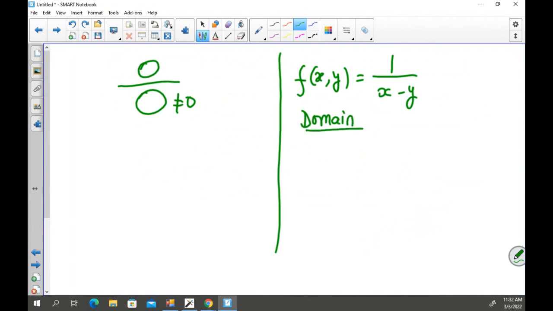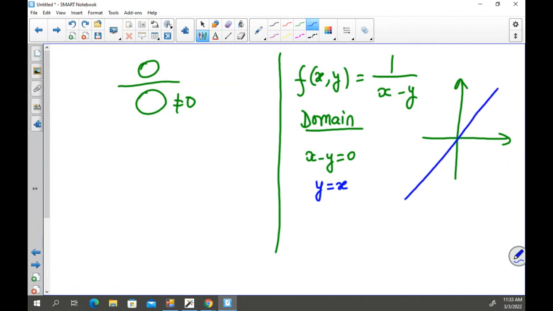You will say this function is defined everywhere on the xy plane, except when x minus y is equal to 0. That means y equal to x. So this function is defined everywhere except on this line, y equal to x.